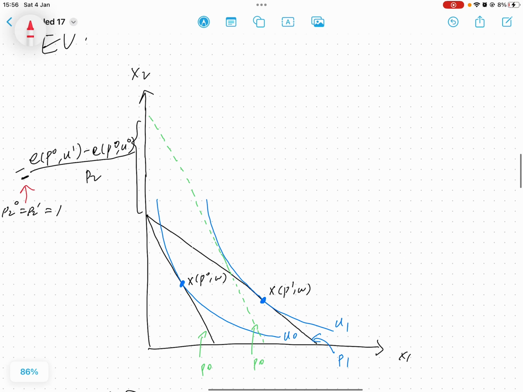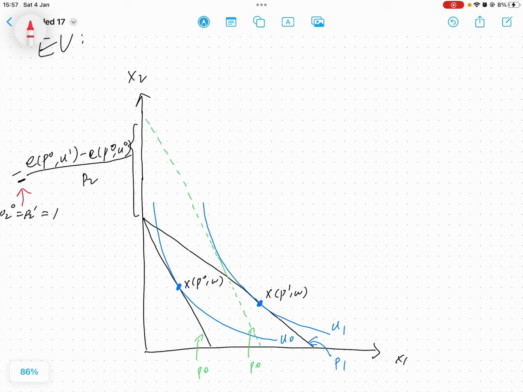We have this two-dimensional consumption space with X1 and X2, two commodities. Before the price change, we have this budget. We always fix the price for commodity 2, so we're not caring about anything for X2.